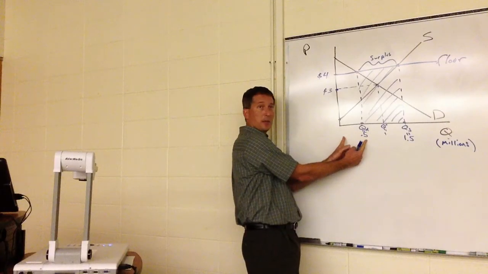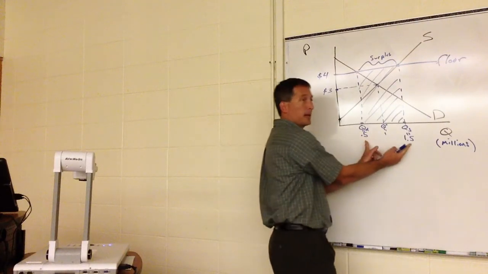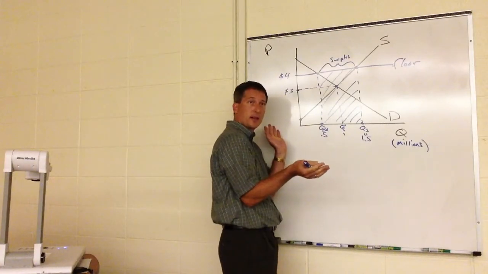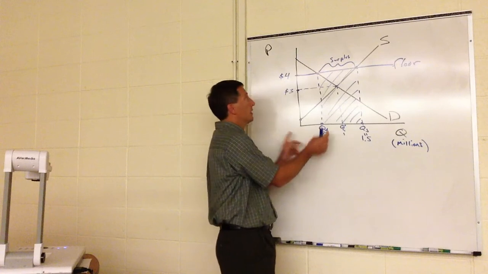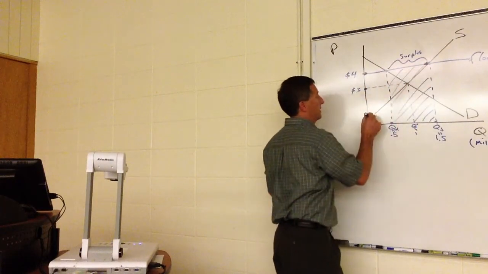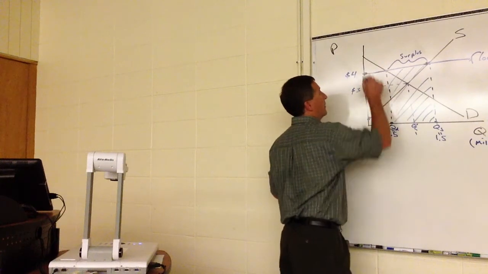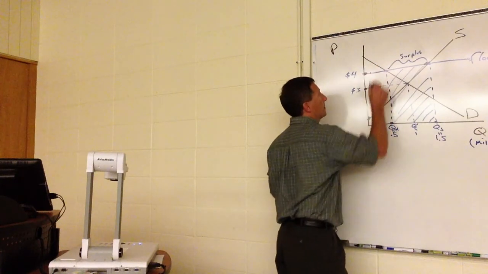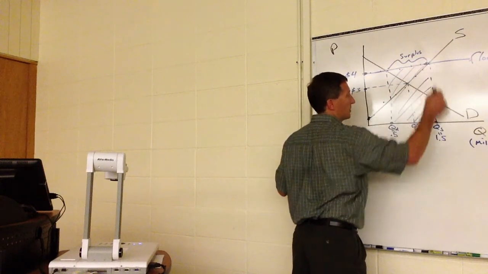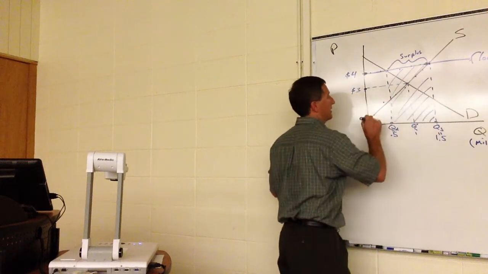Consumers are buying 500,000. Government's buying 1 million. Farmers are selling it, and it doesn't matter if it's the government or the consumer. So the new producer surplus is the difference between what I actually get and the minimum I must get for each unit I sell. It's this big triangle.